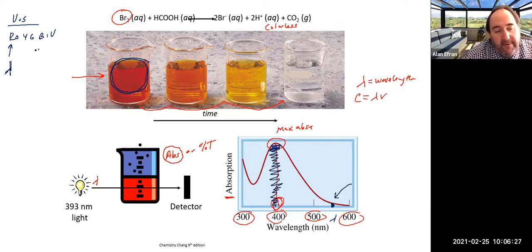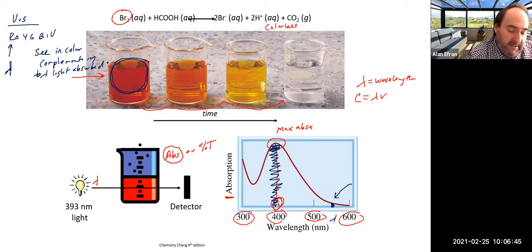What we see in terms of color when we look at a solution is actually the complementary color to the wavelength of light being absorbed. So although it appears to us to be a reddish color, it's actually not absorbing light in the red region. It's absorbing light in the complementary color to red. So maybe out there in the greenish blue area is where you would actually set the wavelength if you were doing an absorbance value for this. So that's sometimes confusing to people.